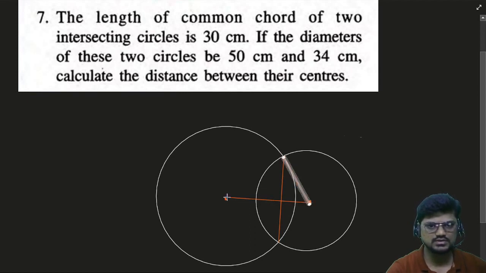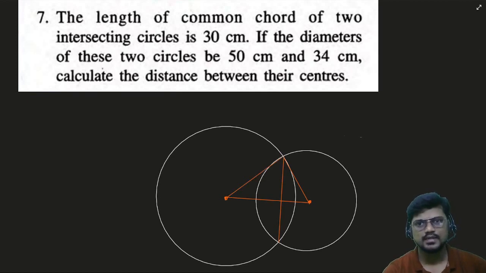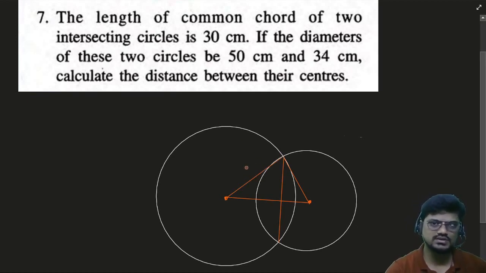If I draw this and this, what is this length? 25. And this length? 17. The two circles are intersecting. The common chord is 30, so half of it will be 15.